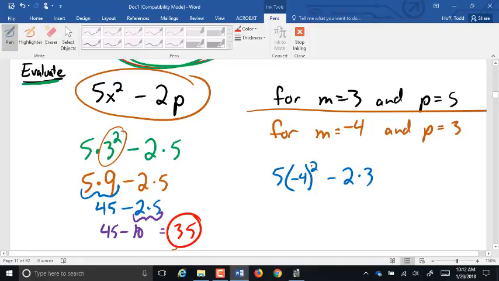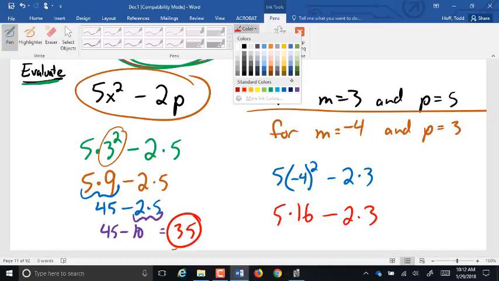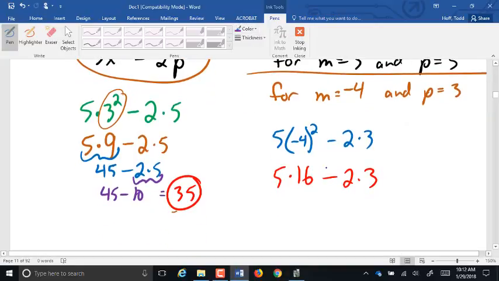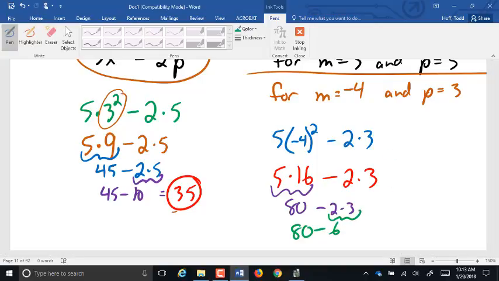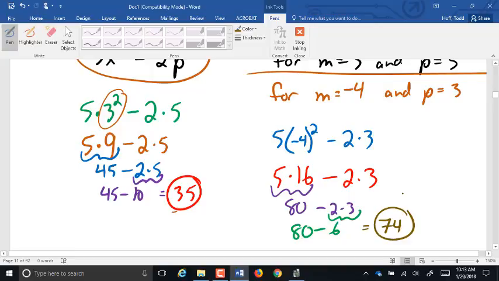What is negative 4 squared? Positive 16. I'm going to show you something on your calculator in a little bit with that. So now we have to do the 5 times 16, which is 80. Then we'll do the 2 times 3, which is 6. 80 minus 6 is 74.